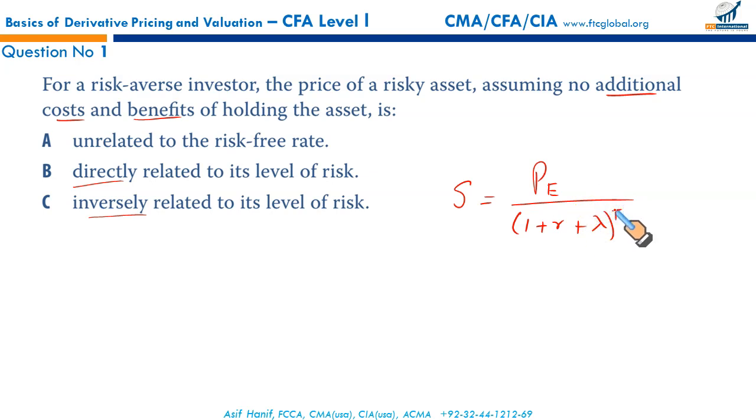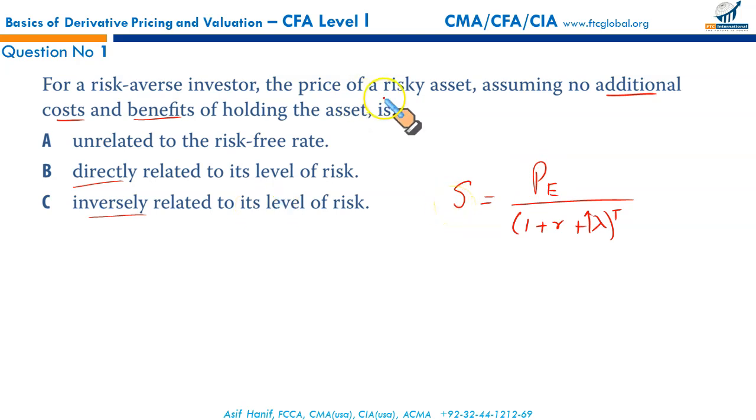So as you can see, for a risk-averse investor, the price of a risky asset, assuming no additional cost and benefits of holding the asset, is inversely related to the level of risk. If the risk goes up, the denominator becomes larger, hence the price of the risky asset will fall. So they are inversely related to the level of risk.